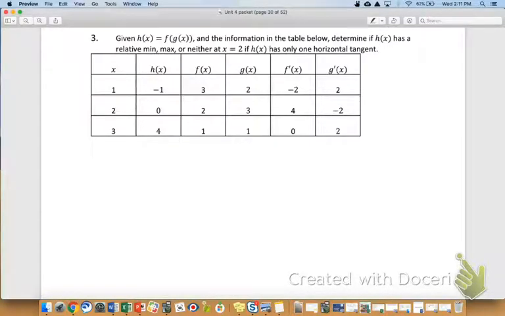You'll find it at just x. g of 2. So g of 2 is g prime of 2. You don't find that.